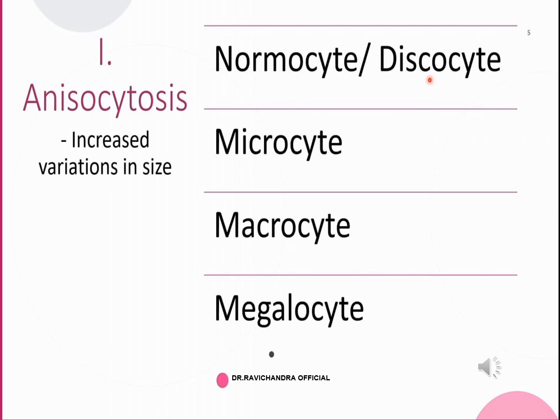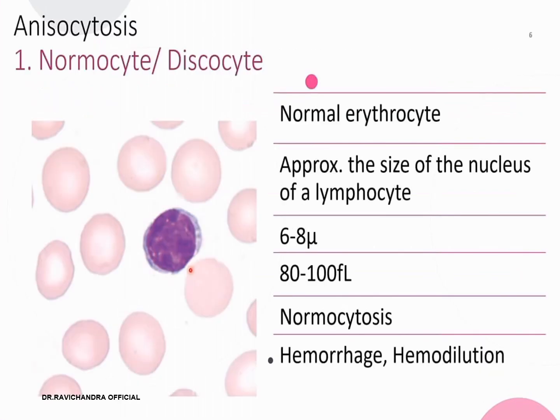Anisocytosis is variation in the size of the red blood cells. Normocyte or discocyte, microcyte, macrocyte, and megalocyte are the various terms used for red blood cells based on their size. First, normocyte, it is also called a discocyte.